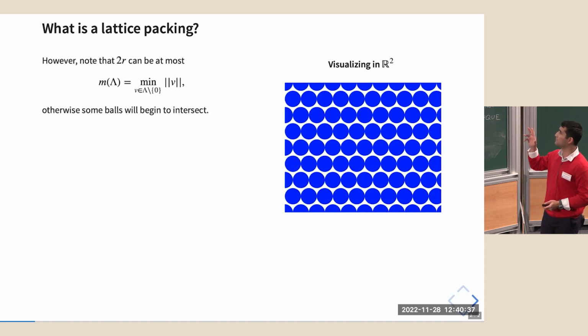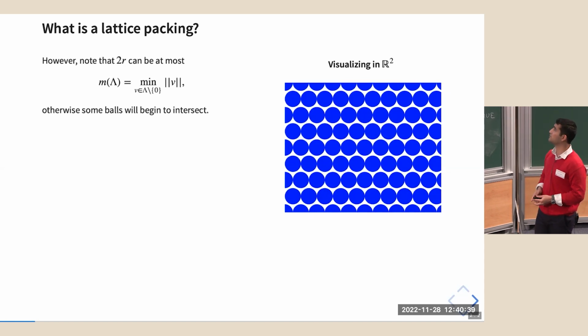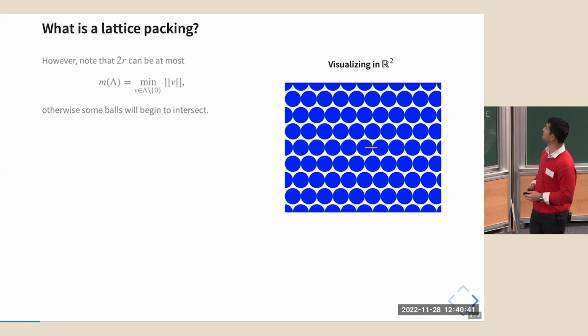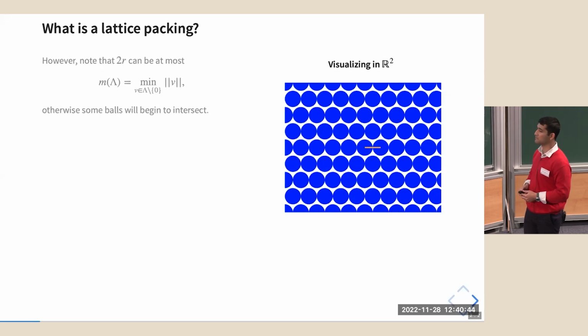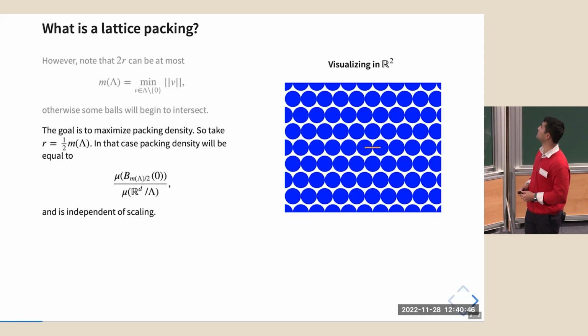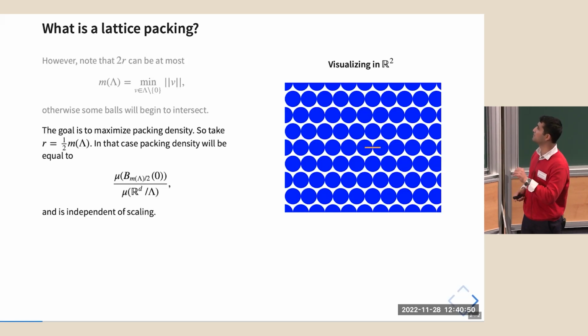So given a lattice, you can talk about the shortest vector of the lattice, which is in this picture, this orange vector. And the goal is to maximize the packing density among all lattices.